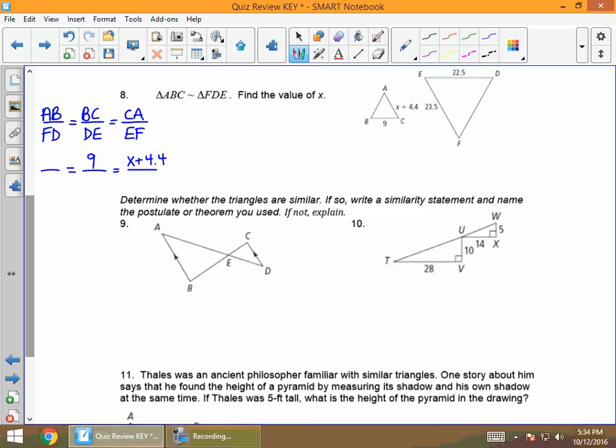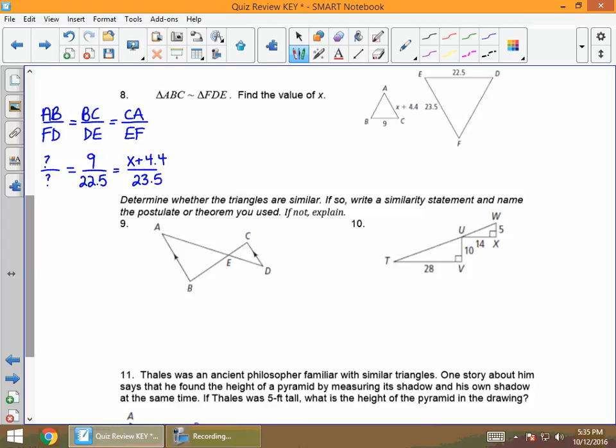I know that EF is 23.5, so it goes in the position of EF. And I know that DE is 22.5. I don't know anything about AB or FD, and you'll notice that they are blank over here. I don't know what those things are, and I don't need them. I only need 2 of the fractions anyhow.